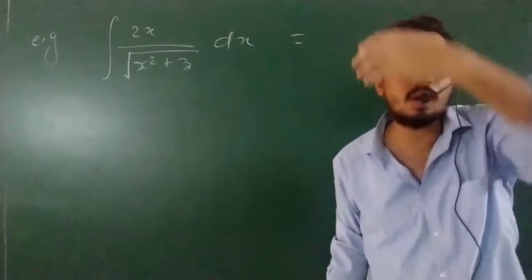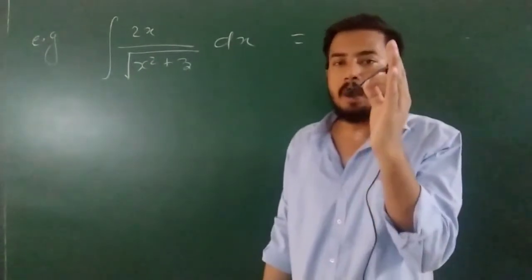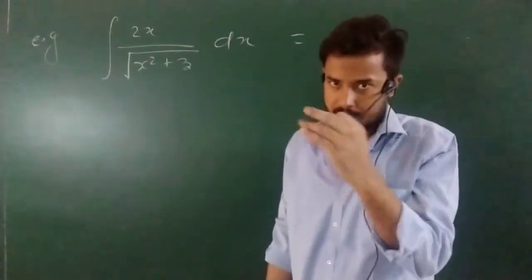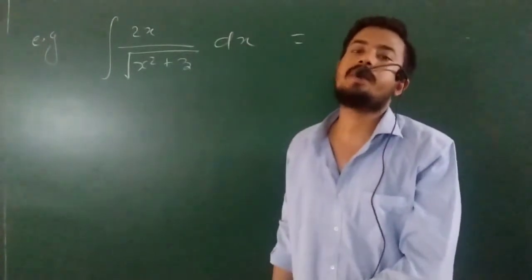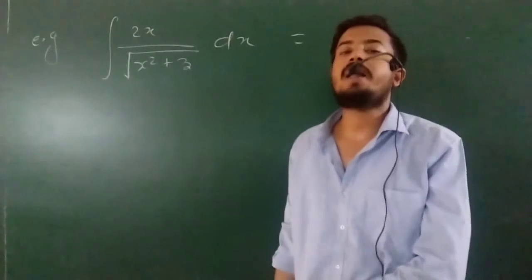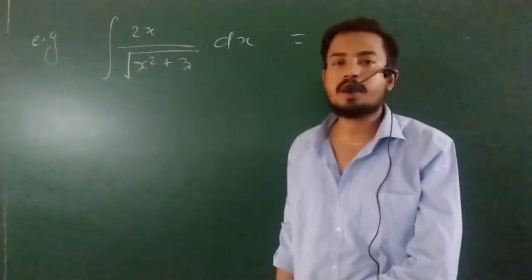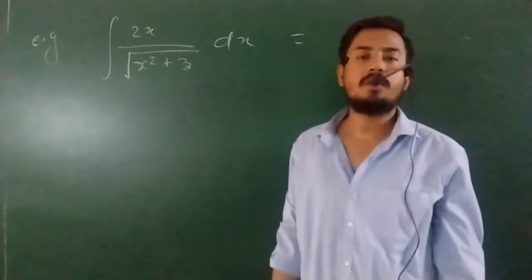The second formula is: if in the numerator there is f dash x, f prime x, called the differentiation, and in the denominator under root of the function, then we can directly write the integration as 2 root function, right?